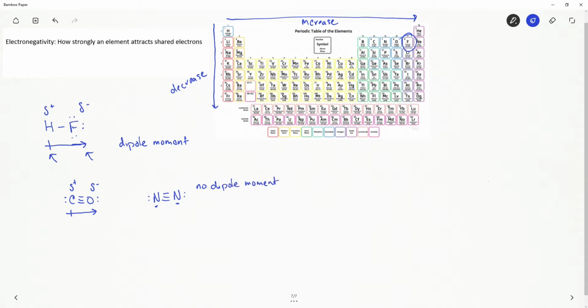If there is no dipole moment, we call this molecule nonpolar, which means any molecule with a dipole moment we would call polar. Let's clear the page and practice with some bigger molecules.